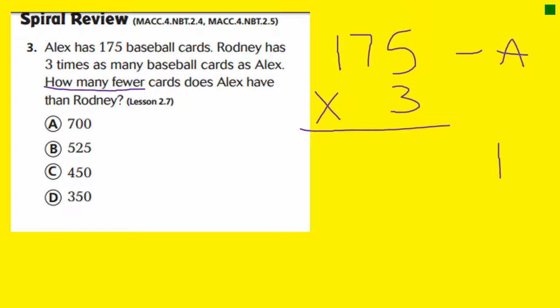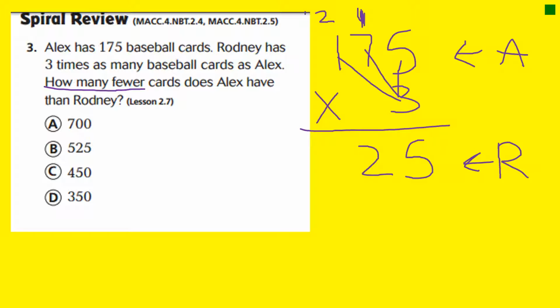So whatever our product is, those are going to be Rodney's, okay? 3 times 5 is 15. 3 times 7 is 21, plus that guy right there is 22. 3 times 1 is 3, plus these 2, 4, 5. Okay, so Alex has 175. Rodney has 525.